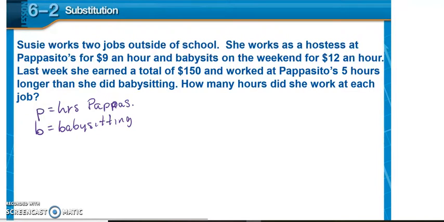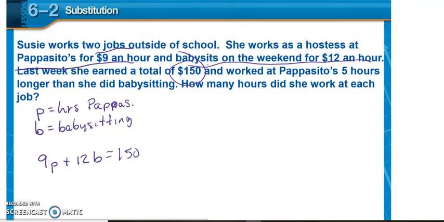Okay, and then let's see, $9 an hour for Pappasito's. That's important. $12 an hour for babysitting. Ooh, like to be a babysitter, huh? Last week she earned a total of $150. Money goes with money, so 9 times Pappasito's plus 12 times babysitting equals the total of $150.